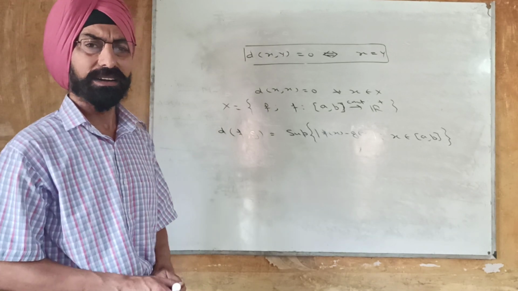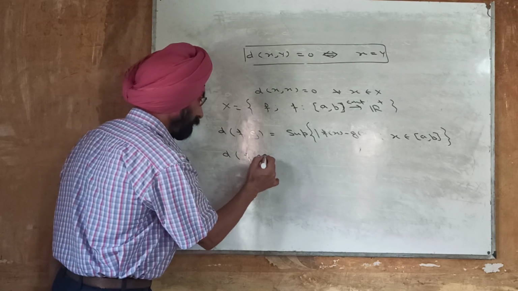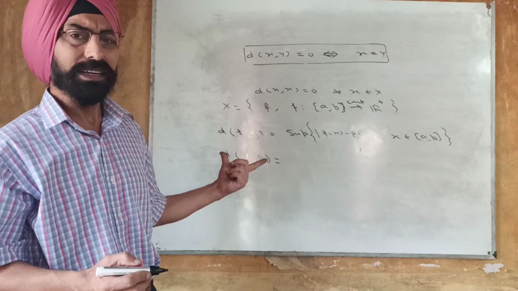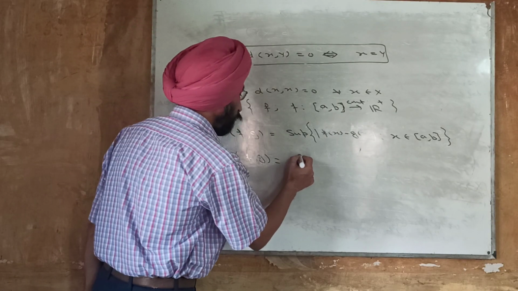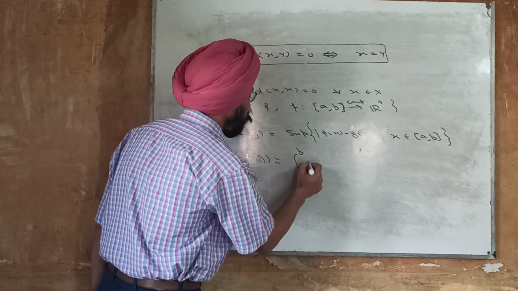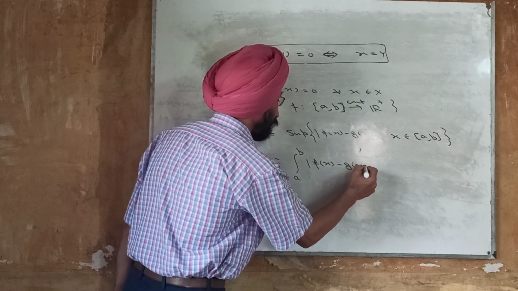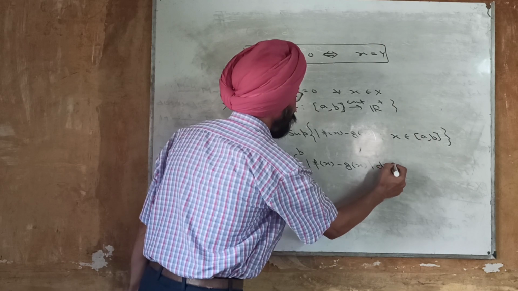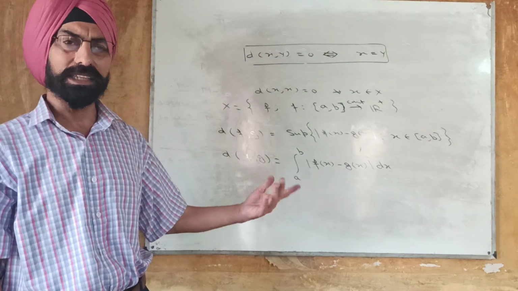Another example you can have is d(f, g) here, again considering the same X. You take the integral from a to b of mod of f(x) minus g(x) dx. Then this d will again be a metric. It is another exercise for you.